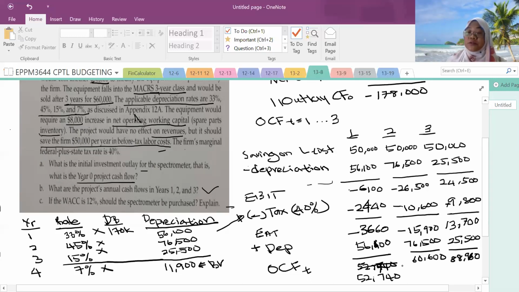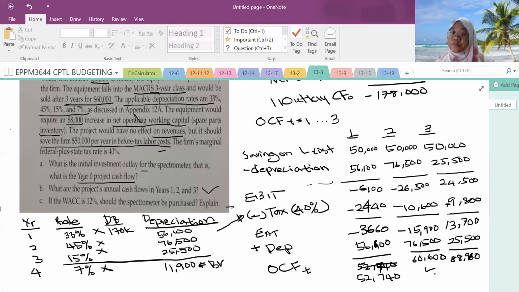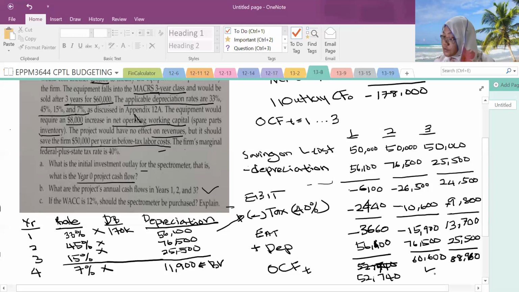Okay, so this is correct here. And then the last one, 3,700 plus 25,500.